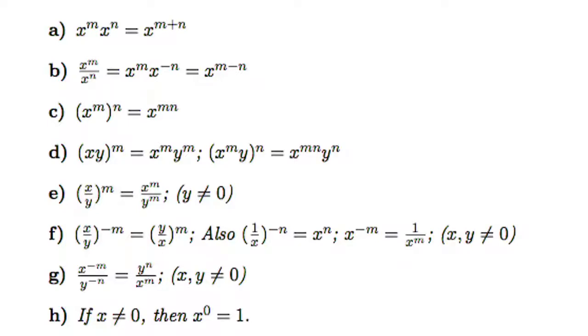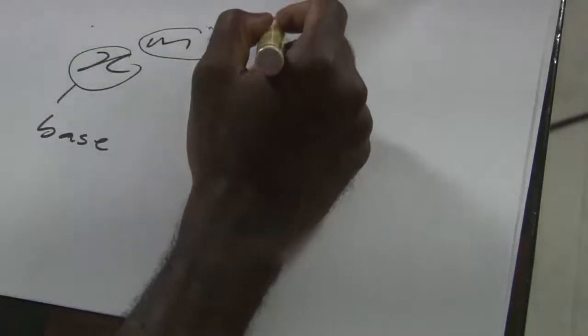For example, in the first one, if you are multiplying two powers with the same base. In this case, if we consider the first power, x to the power m, x is called the base, and m is called the exponent.